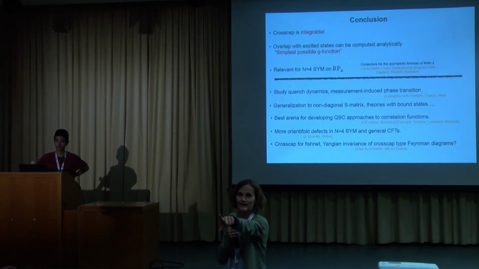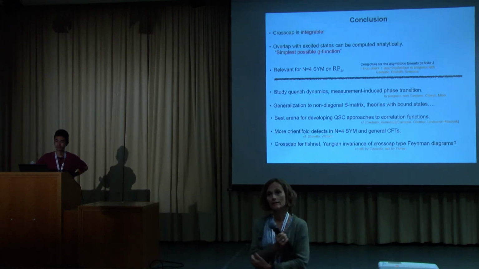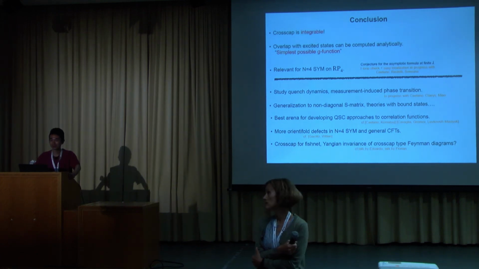Right, one last question. Sorry, I may have missed it, but you were talking about the long-range entanglement in the spin chain setup, and I'm wondering if you did any analysis in the field theory, regarding these boundary entropy techniques or something like that. Can you speak a bit louder? Did you do anything about the entanglement in the field theory, because you were mentioning it for the spin chains with this Page curve?